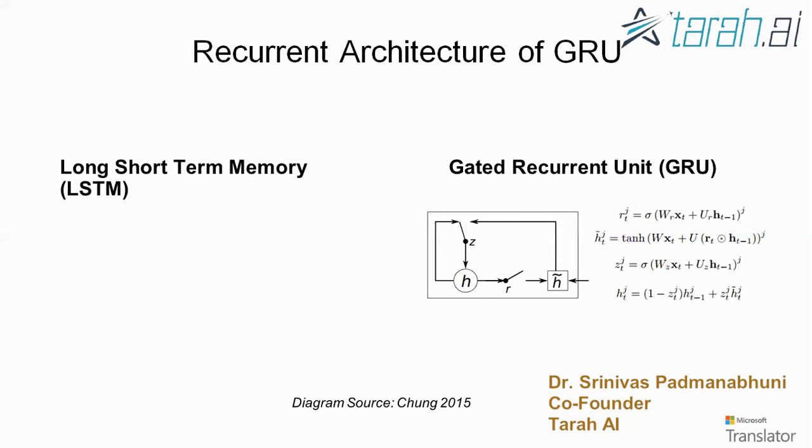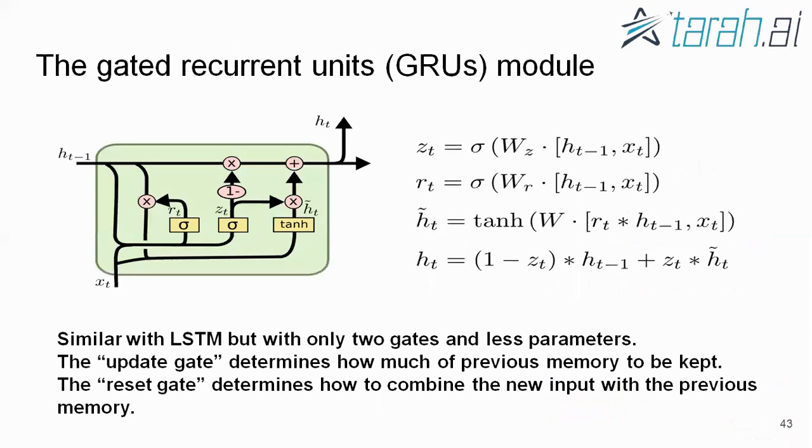And that is where we got this idea of gated recurrent units, which have fewer gates as compared to LSTM. If you see, the gated recurrent model, GRU, has two gates and very few parameters.